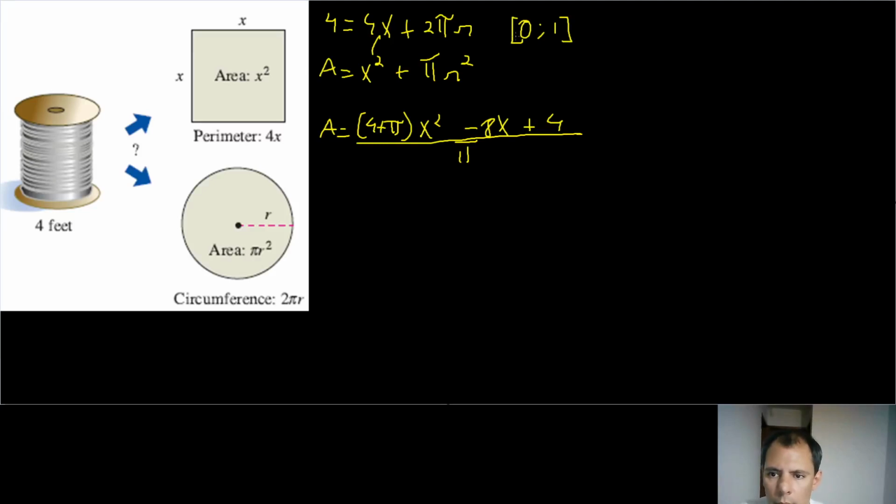Okay. Now you have 0.56. So you plug 0 here, and then you plug 1 here, and then you plug 0.56 here, and you find out which one gives you the largest area. Okay? So let's say for x equals 0, what's going to be the area? So this is gone, 4 divided by pi.